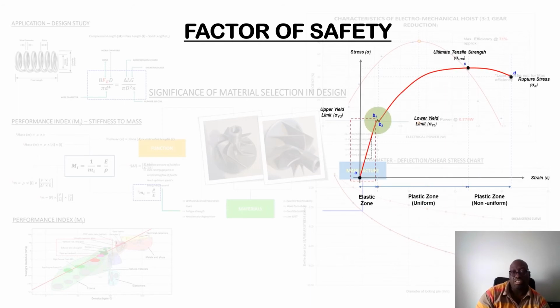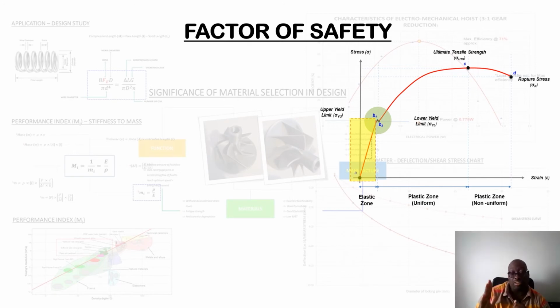So let's put this in a bit more context. Again, we're revisiting the characteristic curve of a typical material being subjected to a tensile test. As we looked at a couple of chapters ago, there are essentially three regions in terms of how a material deforms.